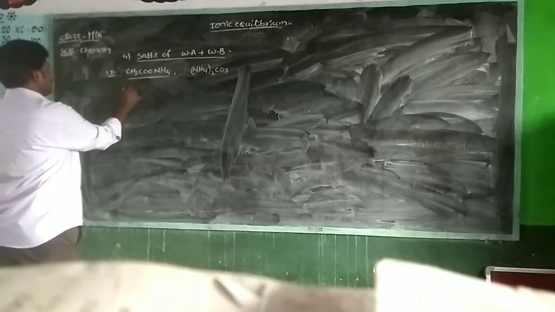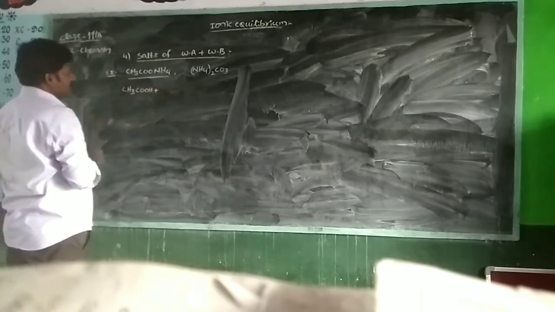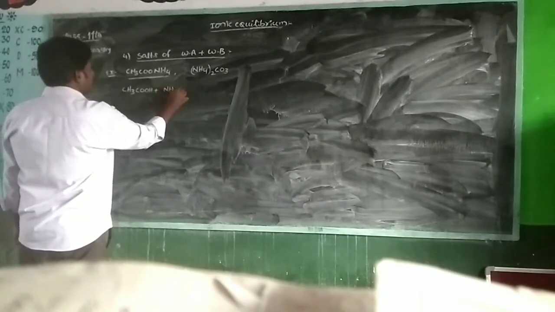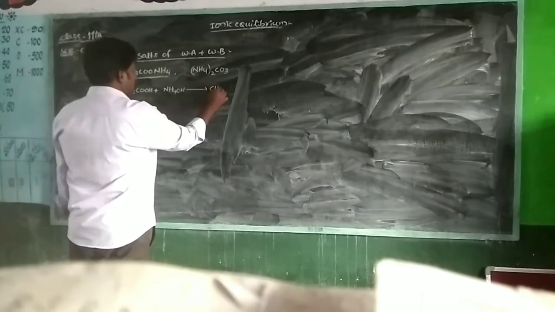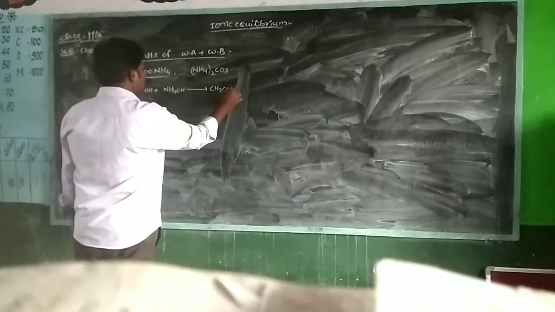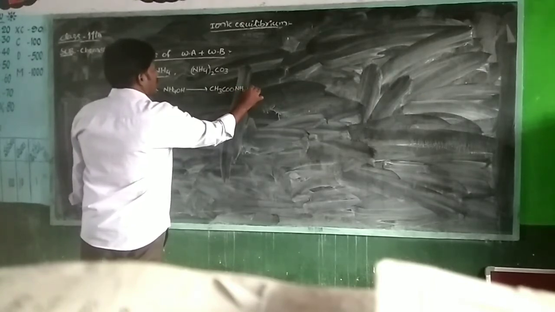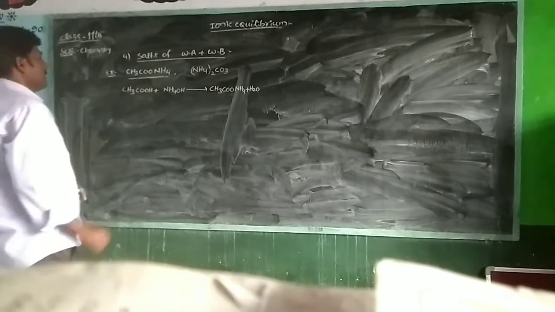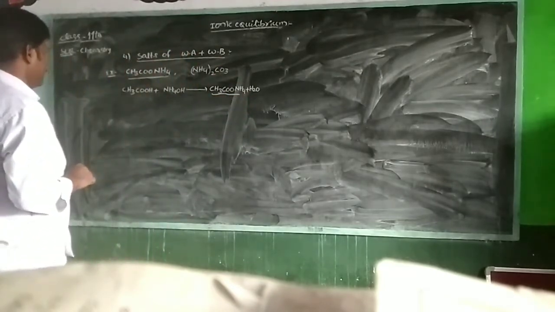A weak acid like CH3COOH plus a weak base like NH4OH gives CH3COONH4 plus H2O. This is the salt hydrolysis, and this is how ammonium acetate is prepared.